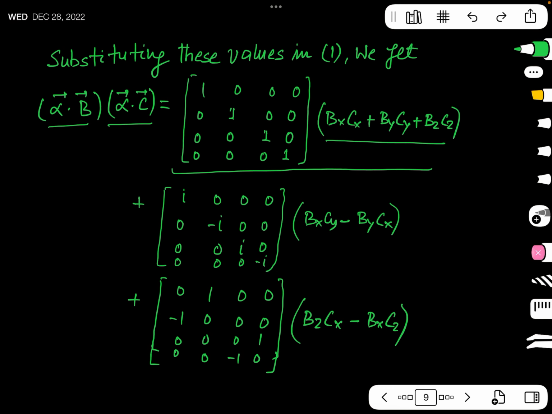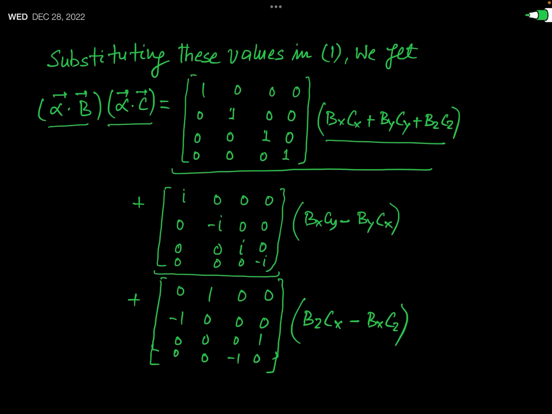But you know that this alpha x alpha y matrix we have obtained is equal to this, and the multiplicative factor is bx cy minus by cx. In the third term there is alpha z alpha x, and this is the value of alpha z alpha x, and the multiplicative factor is bz cx minus bx cz.